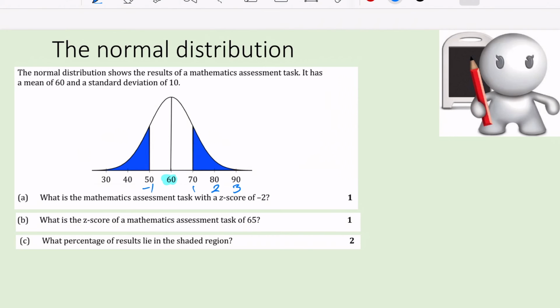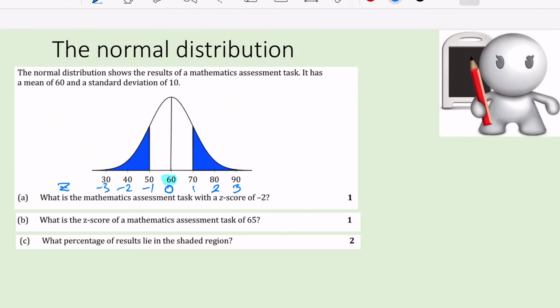This is one below, two below, and three standard deviations below. And the mean, these are all called standardized scores or Z scores. So that's my Z scale down the bottom, the one that I've added on. It's based on the mean having a Z score of 0, standard deviations above the mean having positive digits, and below the mean negative digits.